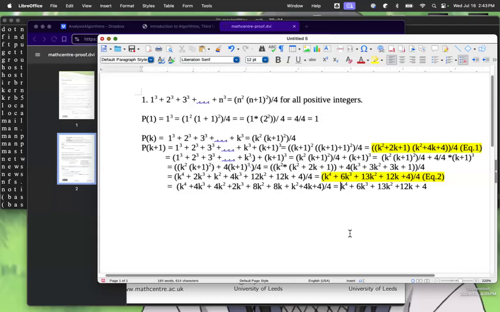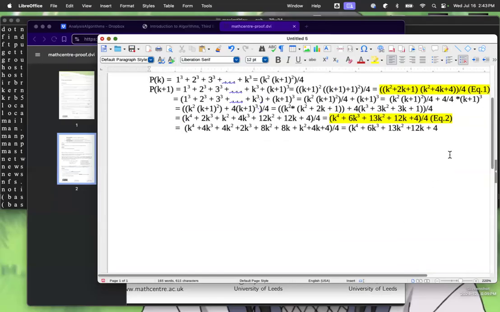Now I'm going to put those in parentheses. And remember that we are dividing by 4. So let's see. This guy here, equation 1, when expanded, was equal to equation 2: k to the 4th, 6k cubed, 13k squared, 12k plus 4, over 4.